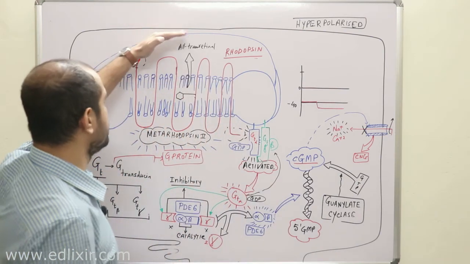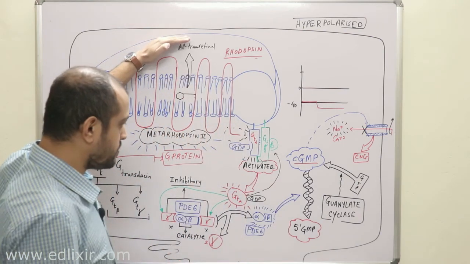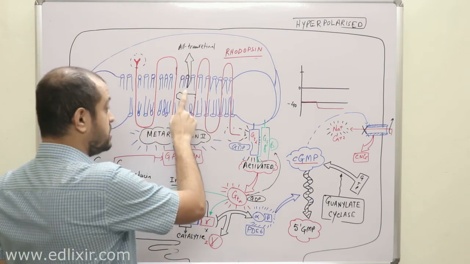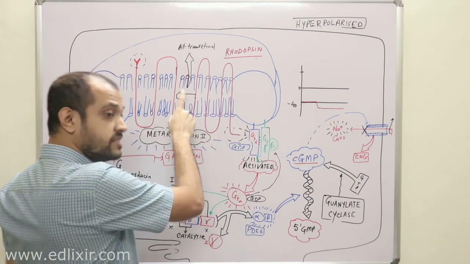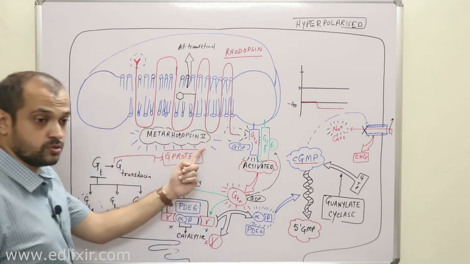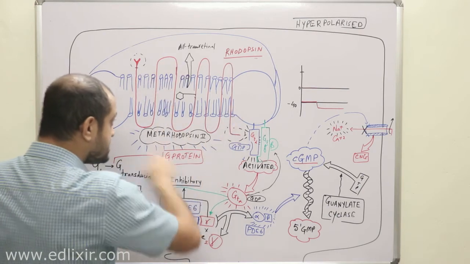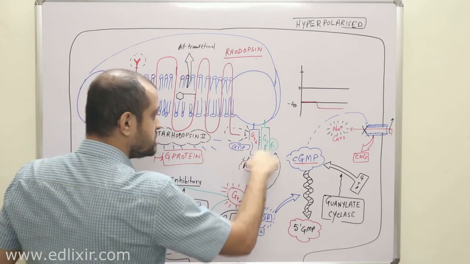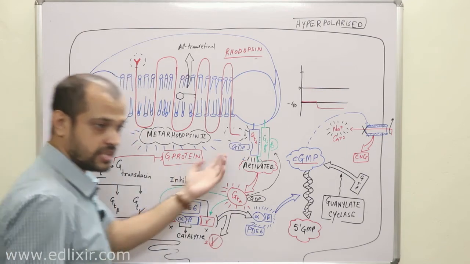Suppose you cut off the light supply, then this whole thing will stop. That means all trans retinal will be converted into 11 cis retinal, and again it will be rhodopsin, not metarhodopsin 2. As it is now rhodopsin, it will not activate this G transducin, that is, the G protein.